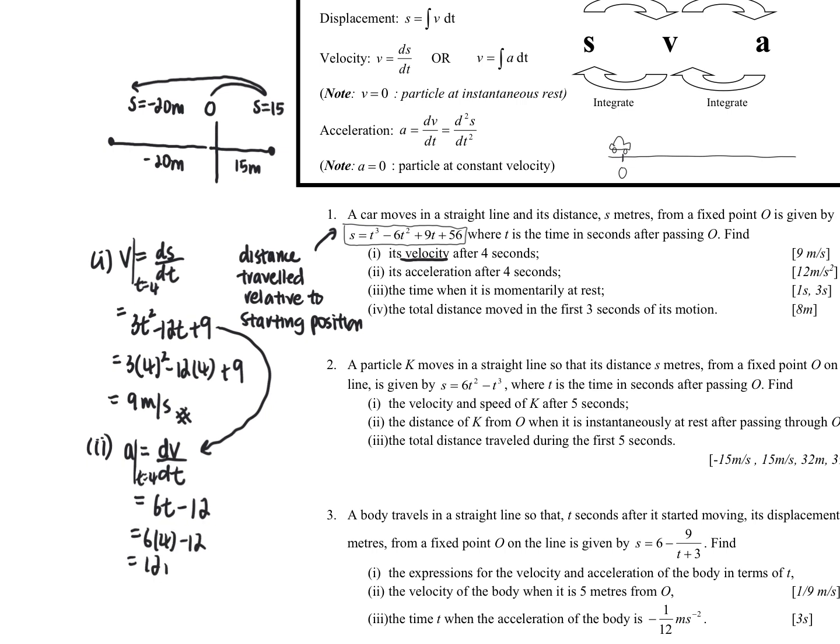You get 12 meters per second squared. So just take note of the units between velocity and acceleration. Velocity is meters per second, acceleration is meters per second squared. Because it's the rate of change of velocity with respect to time. You divide by time again.